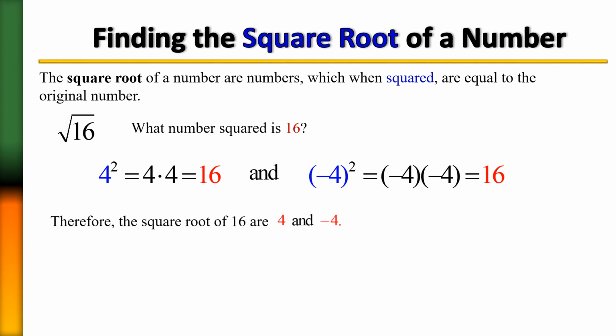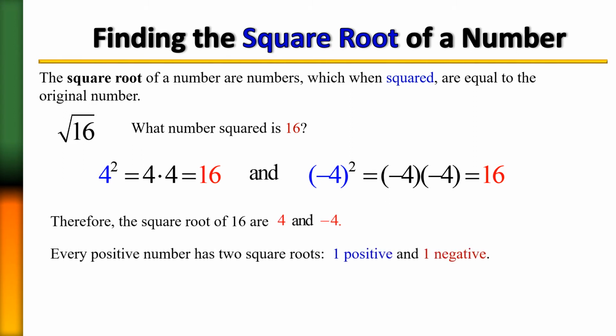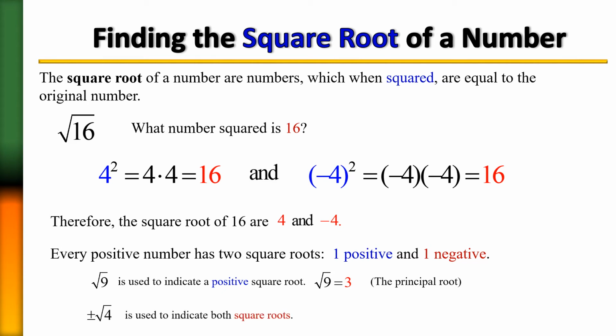Now, when we speak of the positive root, then we call that the principal root. For example, the square root of 9 we know to be 3. So this is what we would consider to be the principal root. Now, when you include both the positive and the negative, the 2 square roots, many times it is written as such.